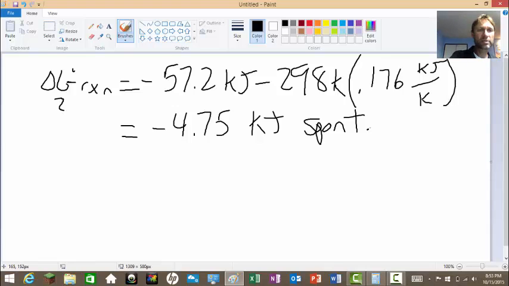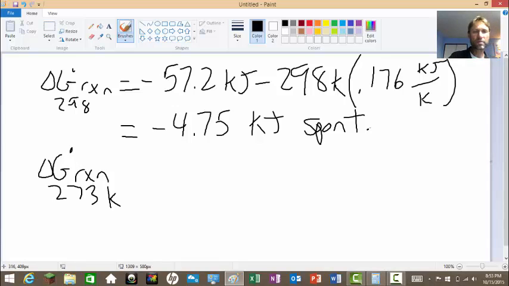All right, so let's do this at a different temperature now. This will be delta G of reaction at 273 K. And if you remember the picture, the N2O4 was favored at lower temperature. So we're going to do the same calculation at a new temperature, and in order to do this, we have to assume that delta H and delta S are temperature independent, which is a pretty good assumption.